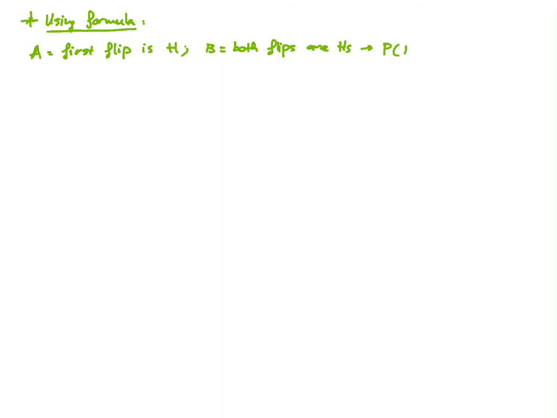So let's say using the formula, again we define event A as the event where the first flip is a head, and event B is the event where both flips are heads, and we want to find the probability of B given A. Now the formula for conditional probability tells us that the probability of B given A is equal to the probability of the intersection of A and B divided by P(A), right?